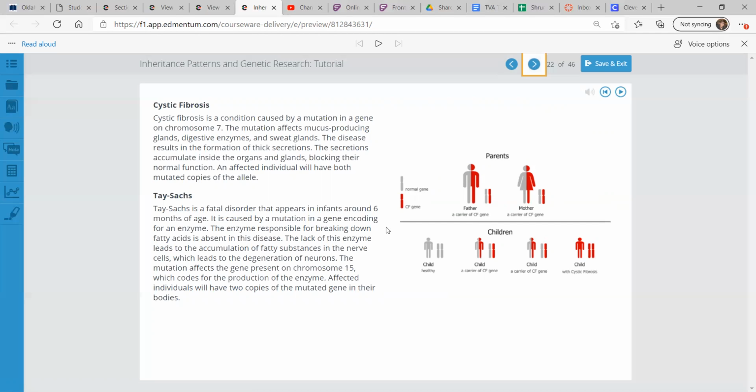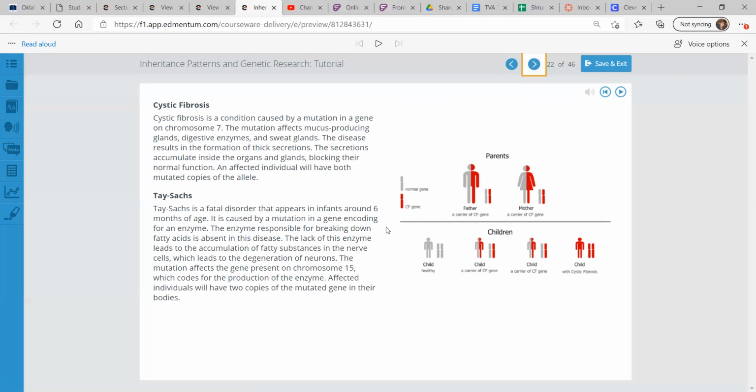Tay-Sachs is a fatal disorder that appears in infants around 6 months of age. It is caused by a mutation in a gene encoding for an enzyme. The enzyme responsible for breaking down fatty acids is absent in this disease.